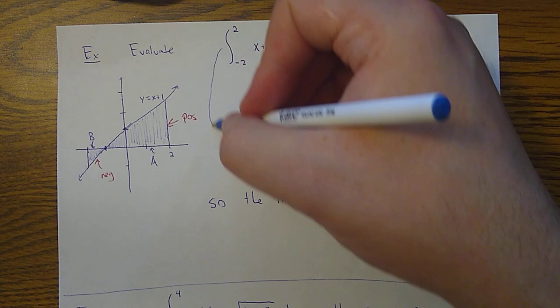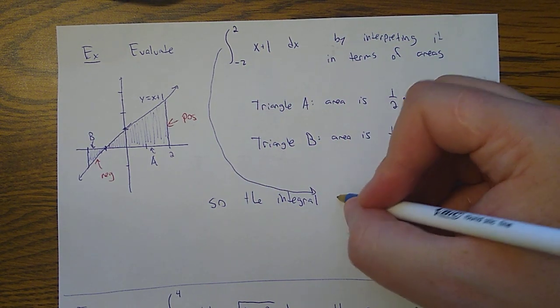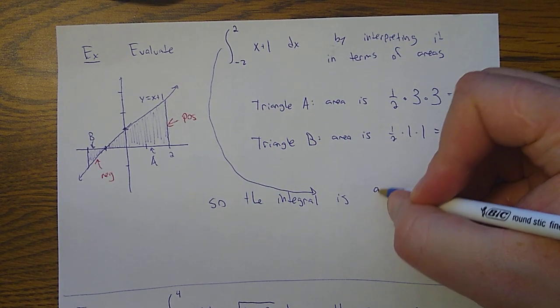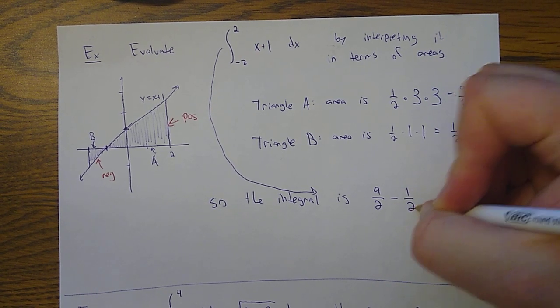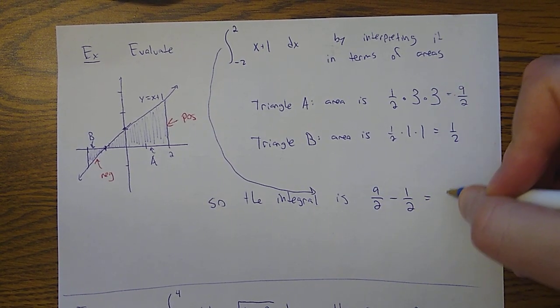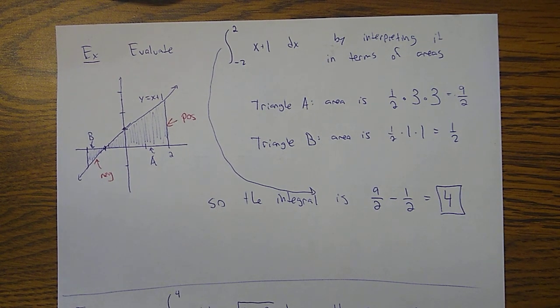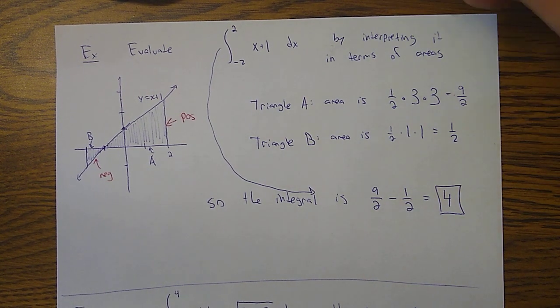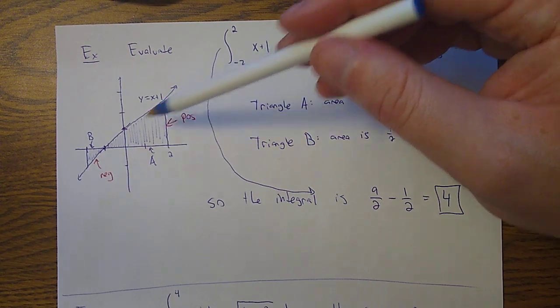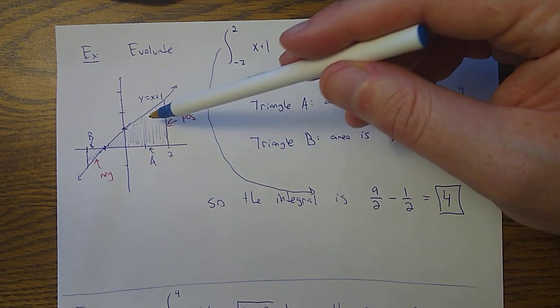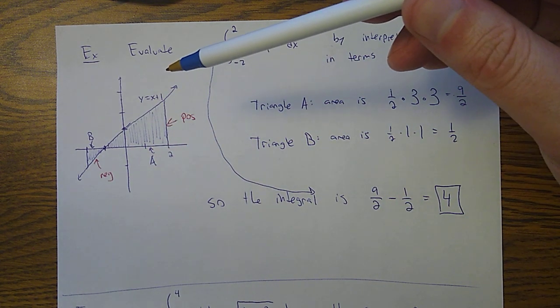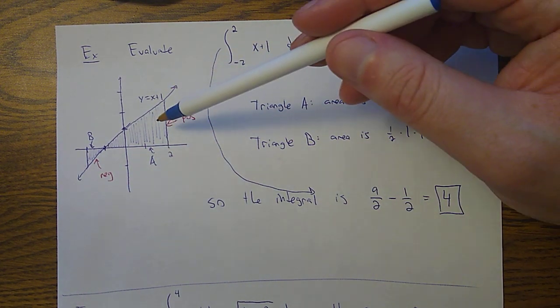So the integral is 9/2 minus 1/2. This is 8/2, which is just 4. So that's how you do these. If it says evaluate an integral in terms of areas, first of all, you draw it and you hope that the area in question is shapes that we can calculate the area of.